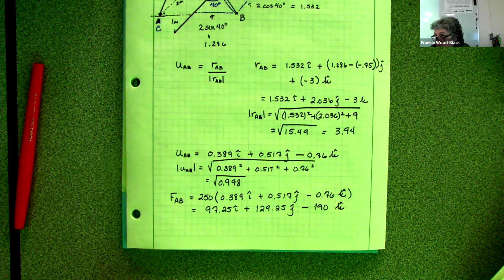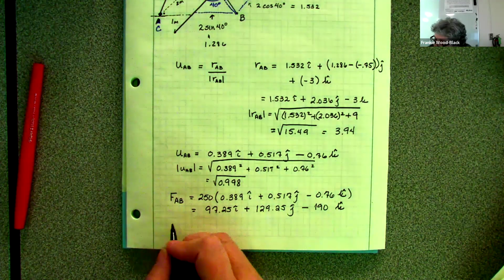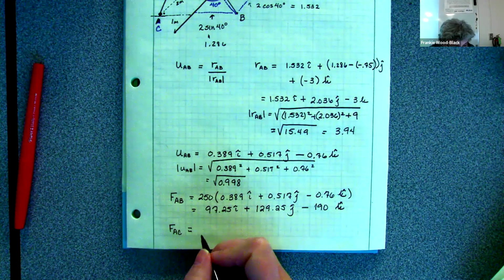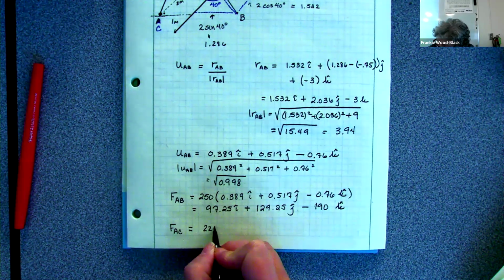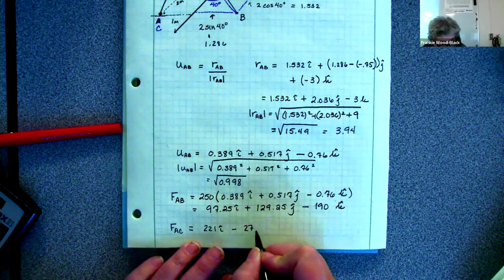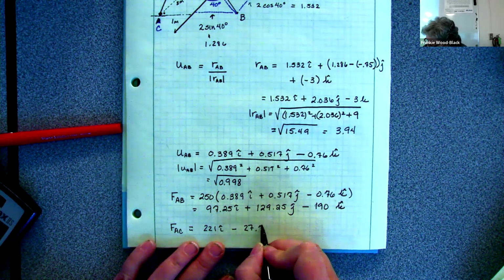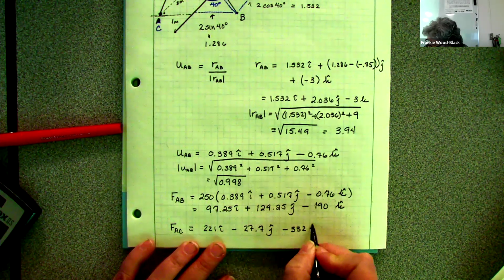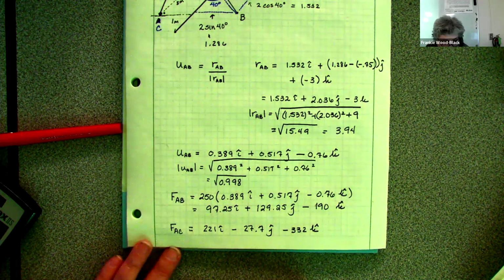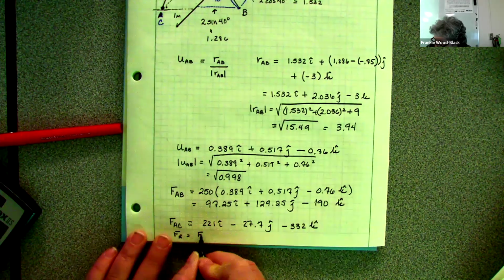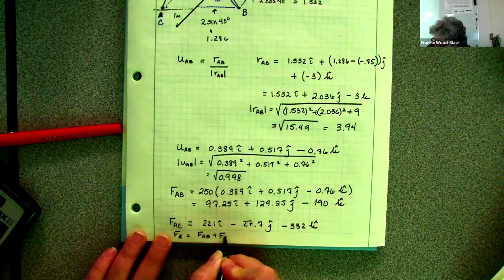And now you can do it for the other one. And I'll give you what the answer is and let you guys do it. FAC is going to equal 221 in the I minus 27.7 in the J, and 332 in the K. Then you're going to do a resultant, which is FAB plus FAC.